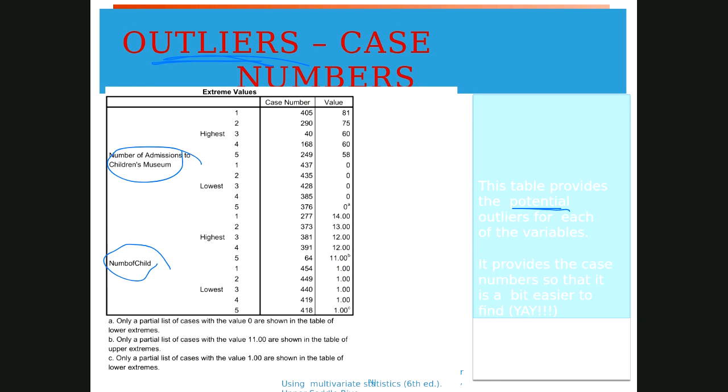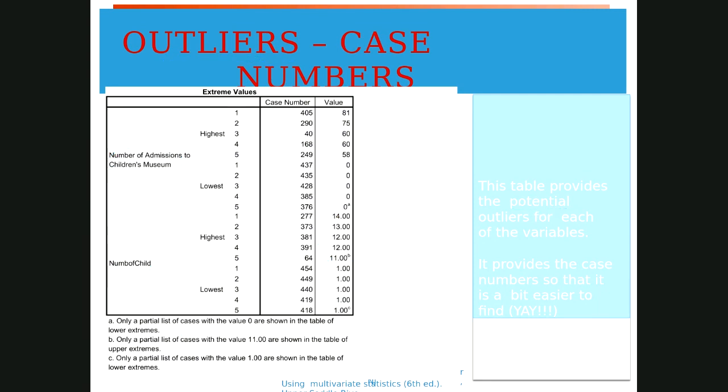But as we just talked about, with number of children, there's a lot of people who have one kid. That's fine, that's legit. I think this was a study where everybody had kids, or wait, actually they don't necessarily include the zeros here, but these are legit. These are potential outliers, but obviously there's going to be a lot of people who have one kid, or there's going to be some people who have a big family.